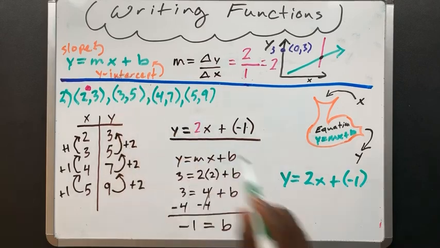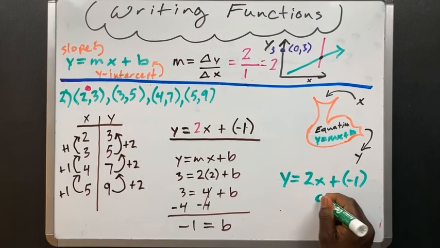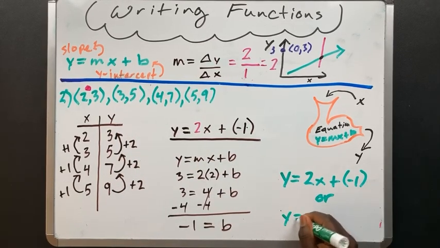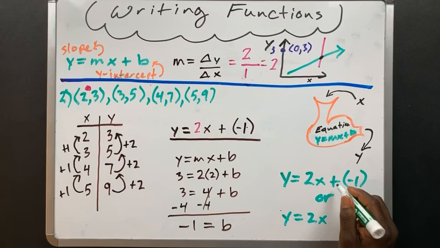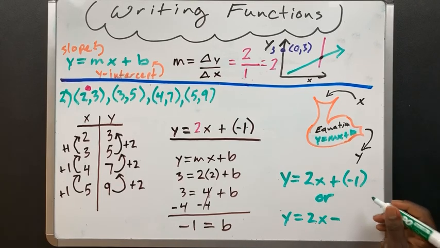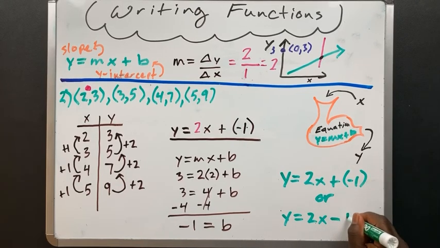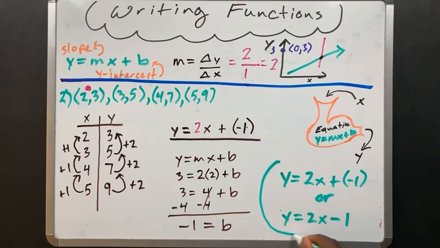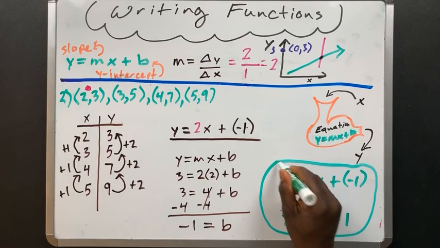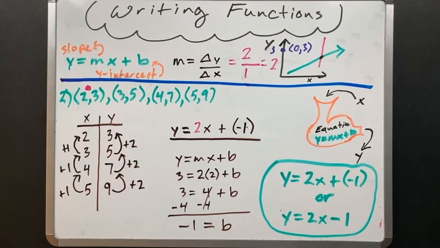Or you can write it as y equals 2 times x minus 1, because minus b equals plus the opposite of b, changing that plus to a minus, and the opposite of negative 1 is positive 1. So this represents our function or equation that represents the set of points.